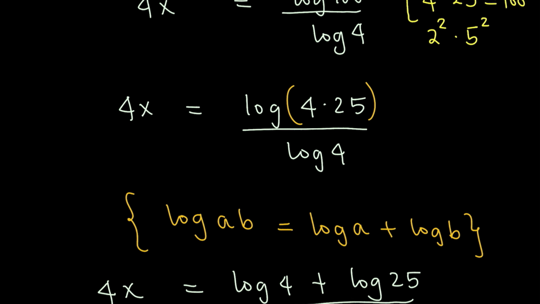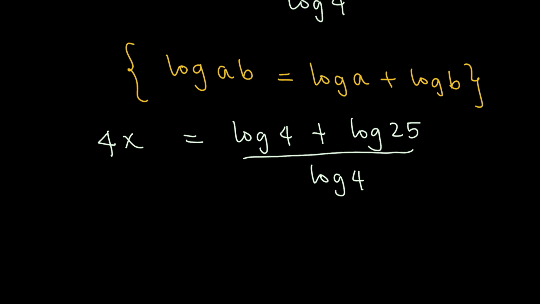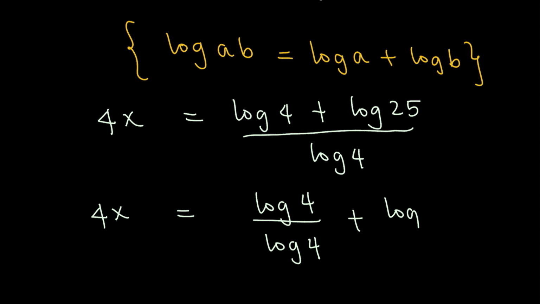And now we can use everything we got here. But before then, let me separate this division into log 4 divided by log 4 plus log 25 divided by log 4.